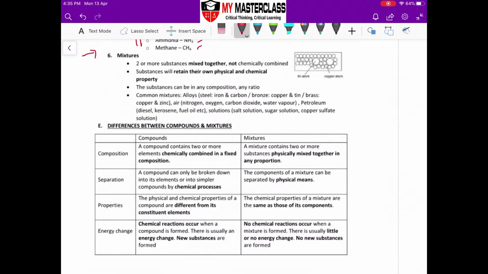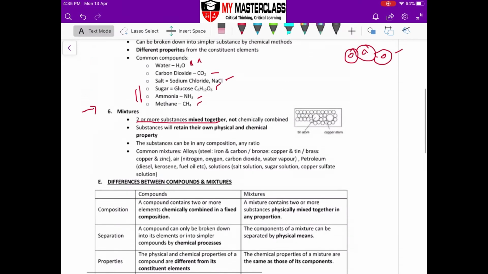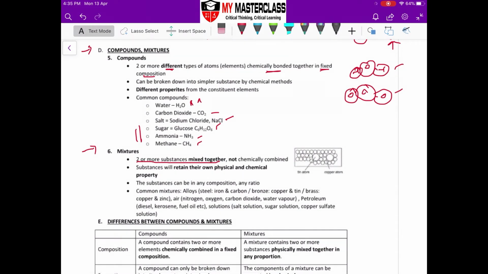Alright, so two or more substances mixed together. Right, just now if you recall, when we are talking about the compounds it is also two or more, but two or more types of atoms, right? Now this is just two or more substances.